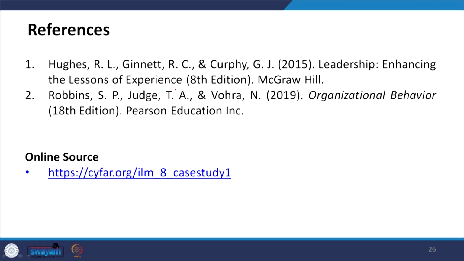So this is all about the first 90 days, basically the leadership styles which we are talking about. The books by Robbins, Judge and Vohra, the OB book, are also very helpful to understand leadership and enhancing the lessons of experience which has been mentioned.